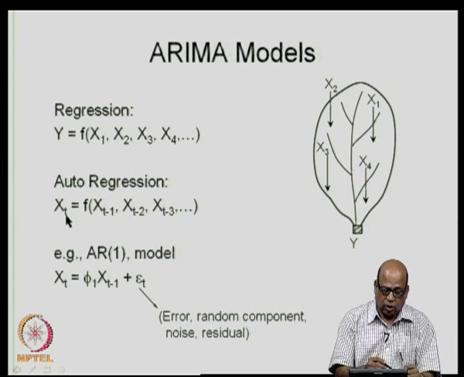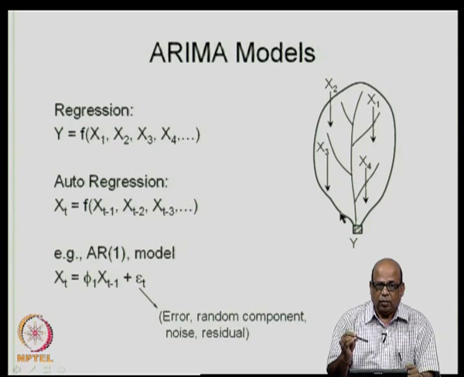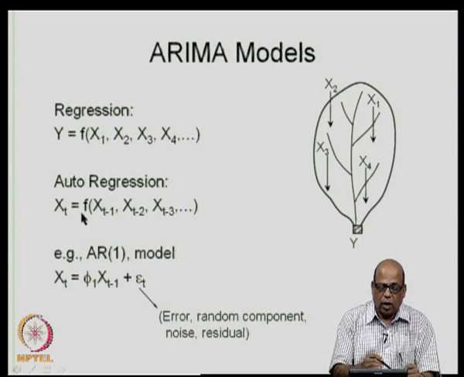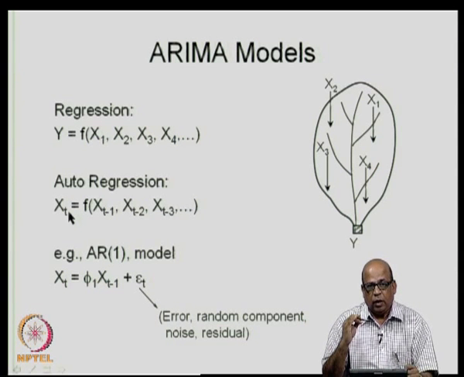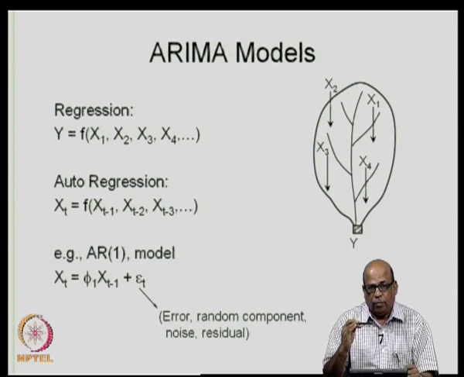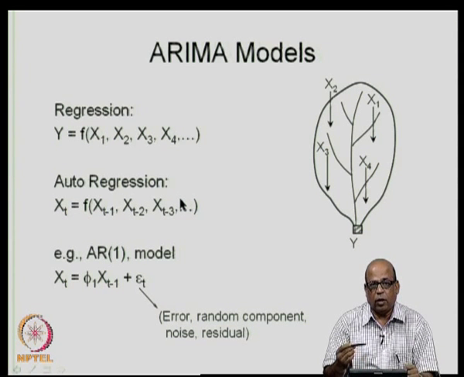So, for example, you are talking about x t being dependent upon x t minus 1, x t minus 2, x t minus 3, etc. So, you are not talking about different variables, you are talking about the same variable, for example, the flow at a particular location, but the flow at different time periods t minus 1, t minus 2, etc. For example, this may be June month's flow, this may be May, this may be April, March, February and so on. So, you are talking about a single variable, but the values taken by that variable at different time periods. That is called autoregression.